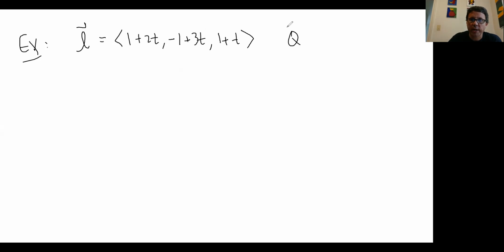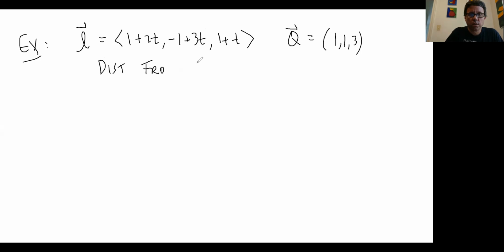And here's the point Q, 1, 1, 3, for example. So we want to find the distance from the line to the point. That's not a vector yet. So the distance from the line to the point.